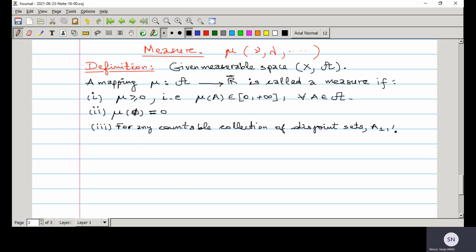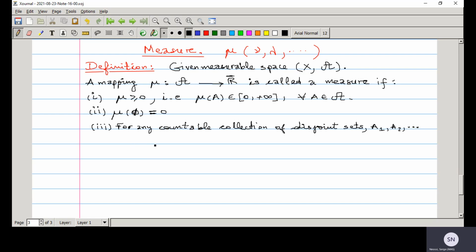A1, A2, up to infinity if they are infinitely many; if it's finite, which is also countable, you stop there. But if there are infinitely many, you continue. Disjoint.